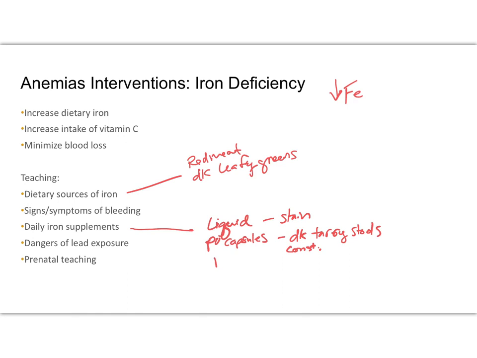Sometimes you'll also give an IM iron injection. And have you guys heard about the Z-Track method for IMs? Yeah. So if the iron leaks out, then it can also cause staining, kind of like with the teeth. And so Z-Track for IM iron injections is the best method.